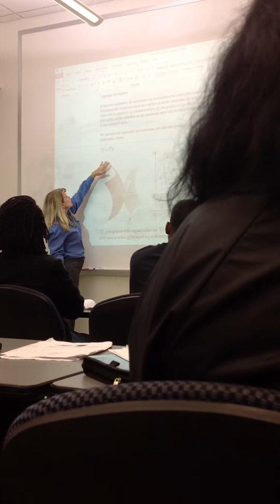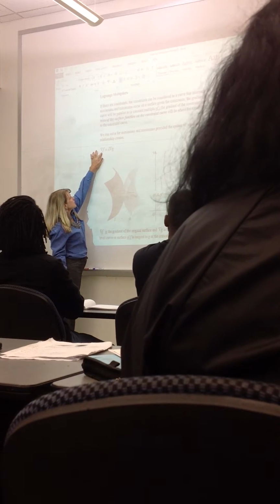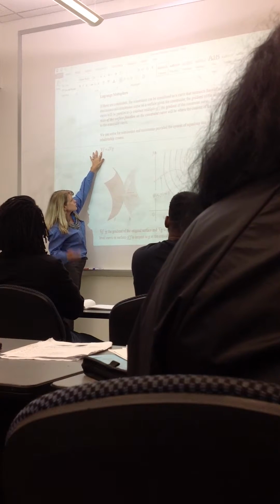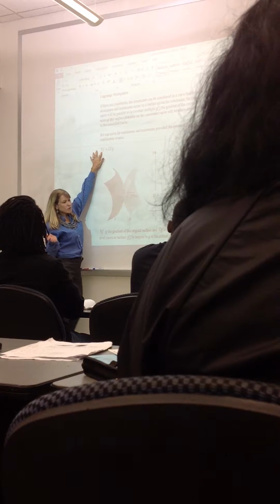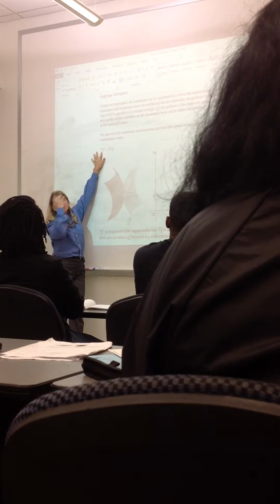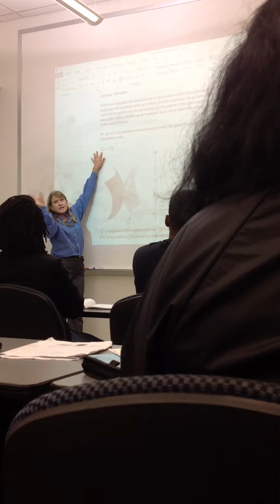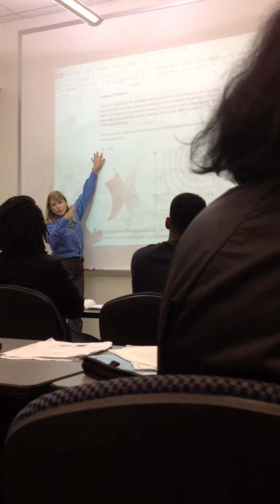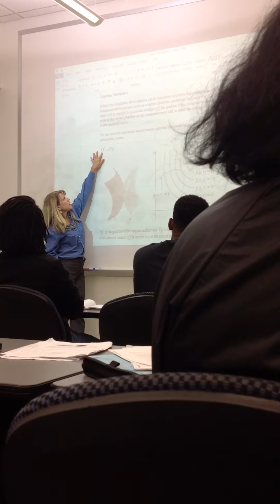And so what you do is you find the gradient of the surface. Okay, why are we doing that? Well, the gradient gives you basically the components of your normal vector for your normal plane.